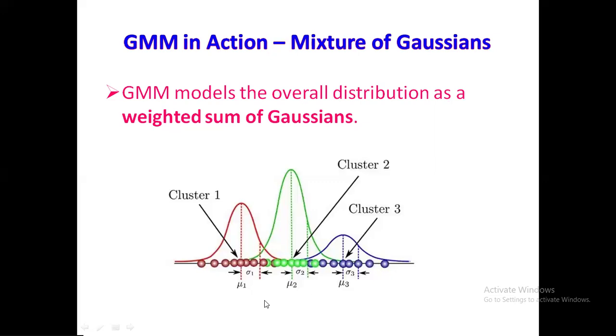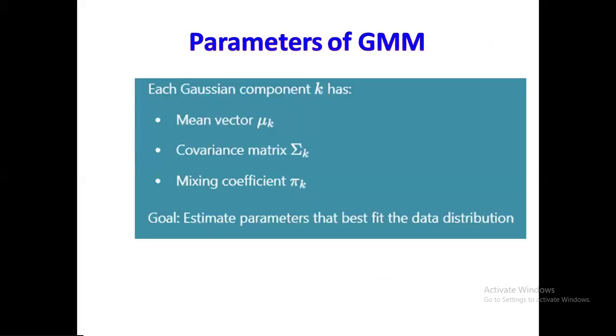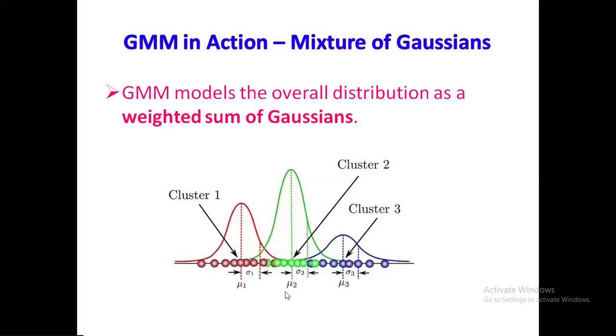The covariance matrix describes the spread and orientation, and the mixing coefficient defines the relative importance or weight of that Gaussian in the mixture. The overall goal of using GMM is to estimate these parameters so that the combined model best fits the observed data.